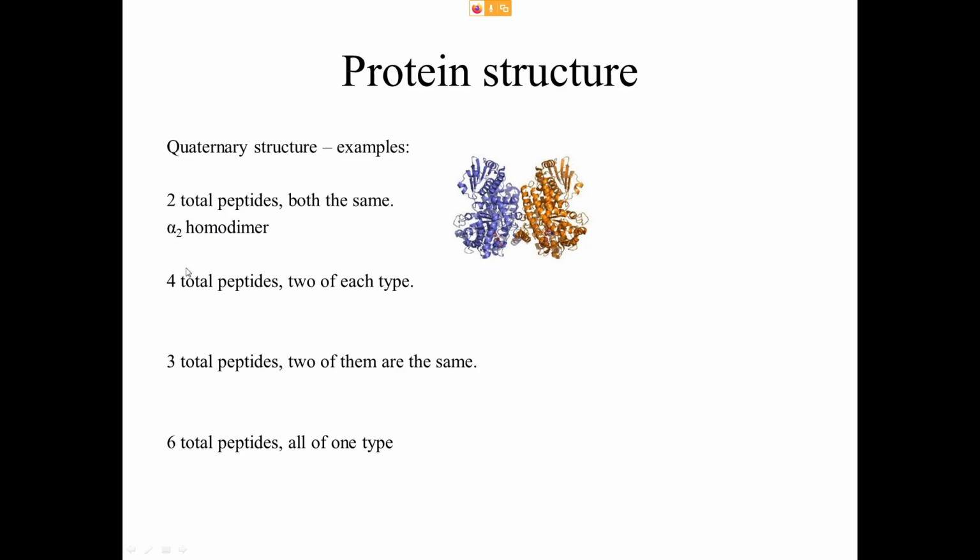What if you had 2 total, not 4 here, but 2 total peptides and they were not the same? What would you call that? Hetero? Hetero what? Of 4 of them? No, there were just 2 total, and they're not the same. Heterodimer. It'd be a heterodimer.